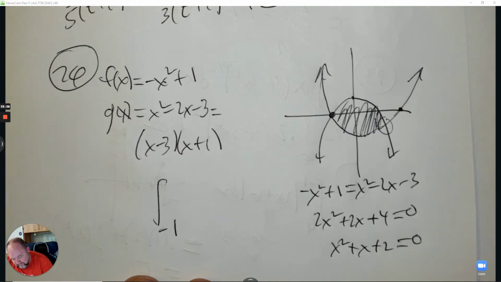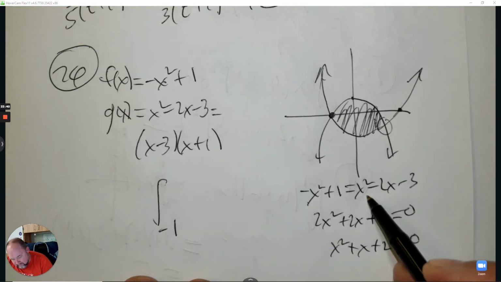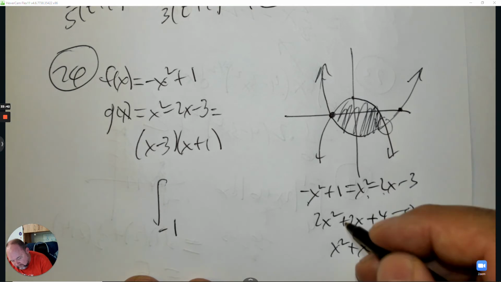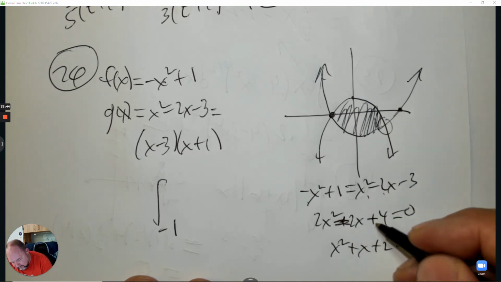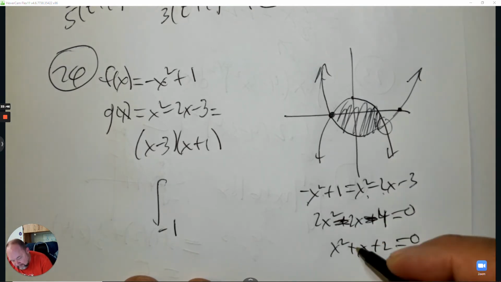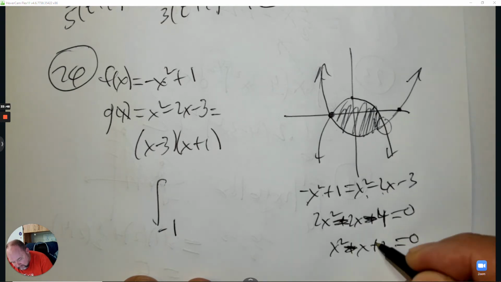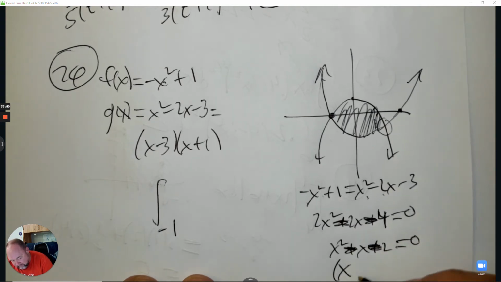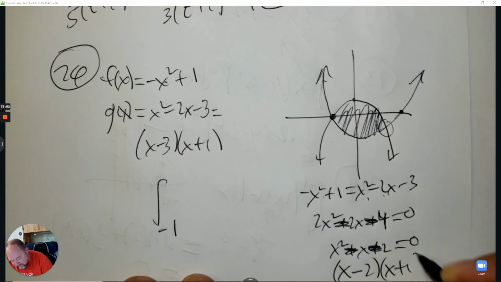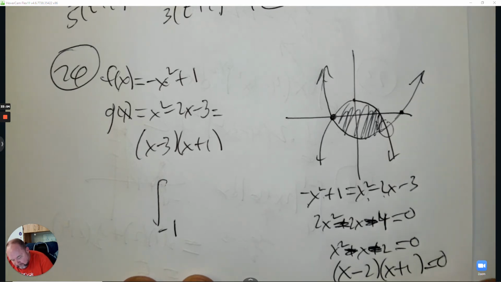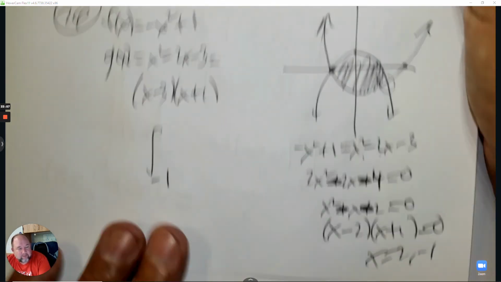So, oh, I did it wrong. So I add x squared, we have minus 2x, sorry, and subtract 1. I got my signs mixed up. So this should be negative x and this should be negative 2. So that when I factor it, it's negative 2 and positive 1. So if I solve it, it's positive 2 and negative 1.